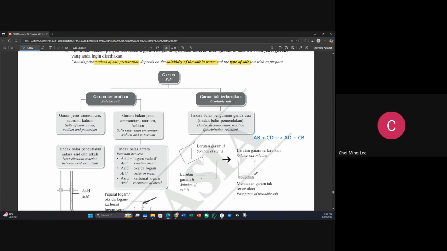It means they are using a substitution reaction.